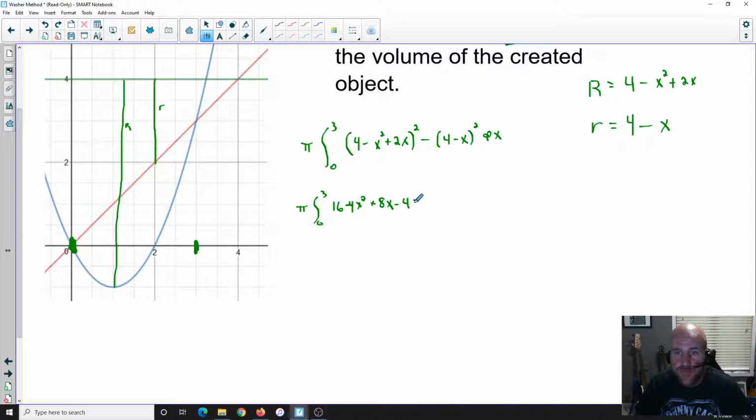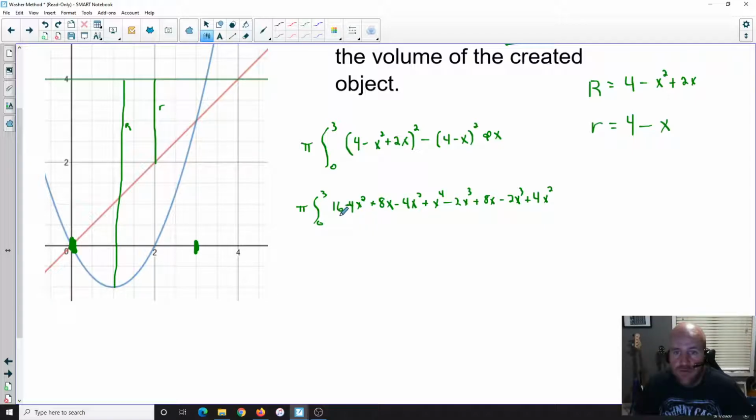So we would get negative 4x squared, get a positive x to the fourth, and a negative 2x to the third. And then the last term multiplied to all three. So we get 8x, negative 2x cubed, and 4x squared.